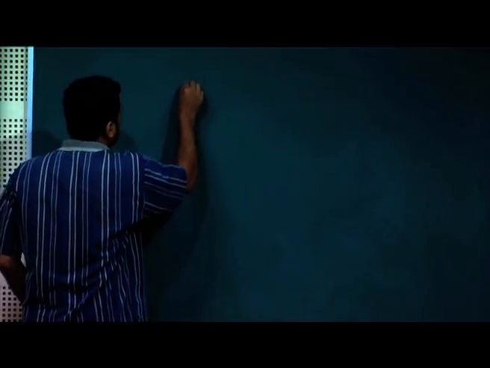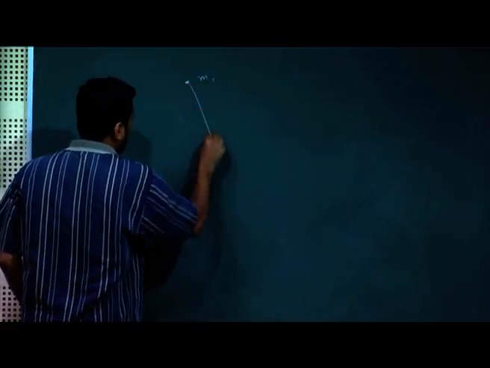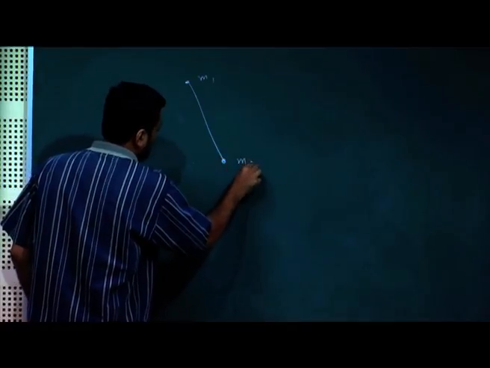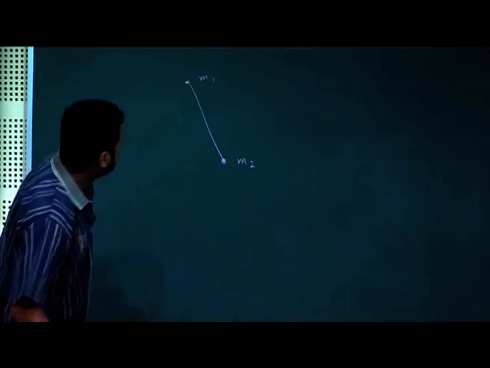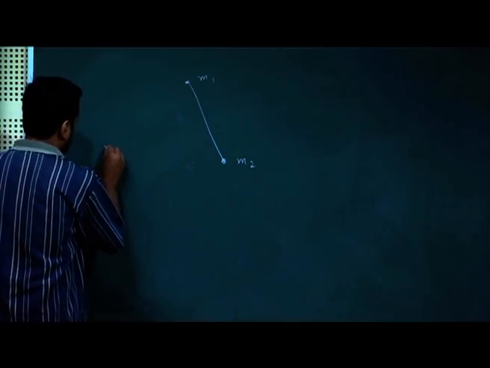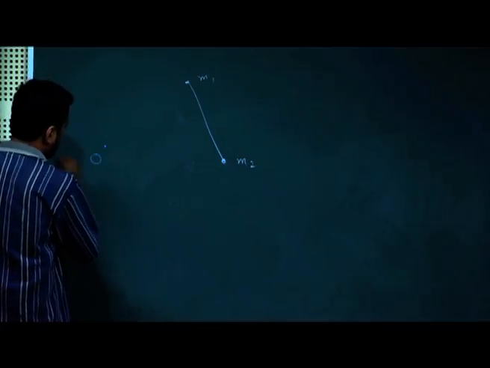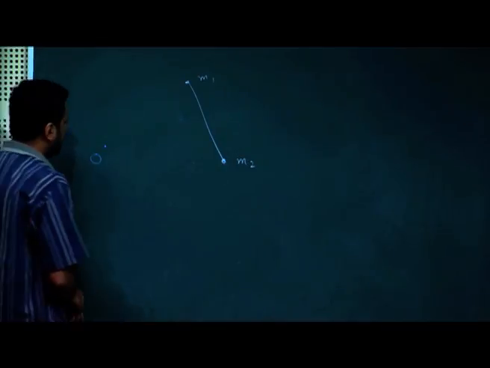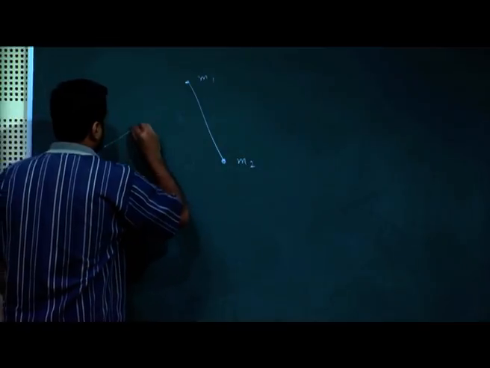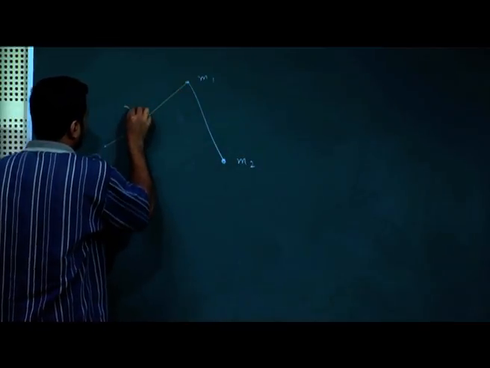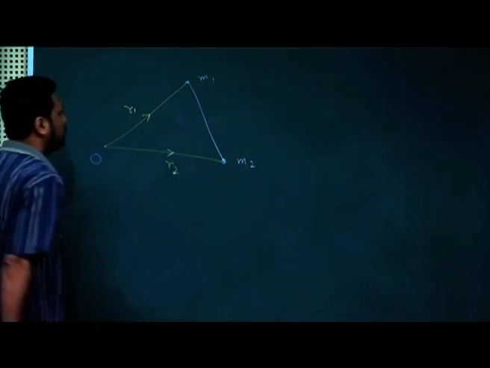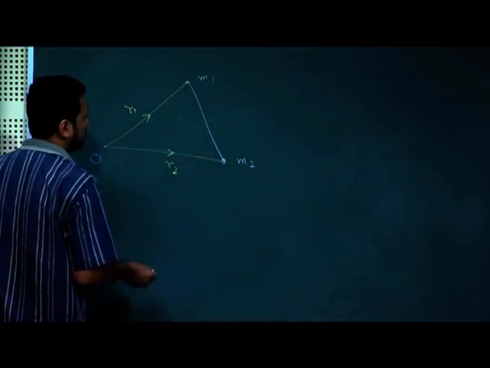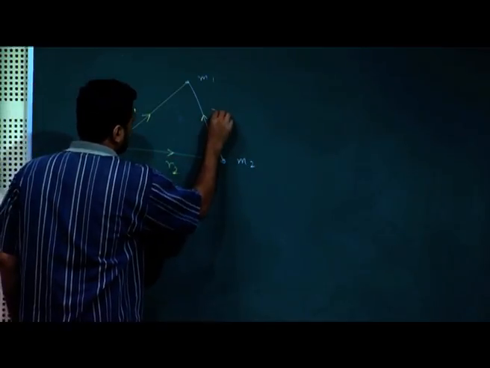Let us assume that there are two point masses M1 and M2, and their position vectors are measured with respect to some origin O. The position vector of M1 is R1, the position vector of M2 is R2, and let us assume the separation to be small r.